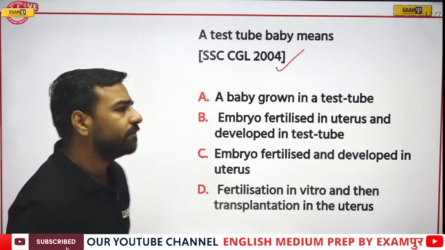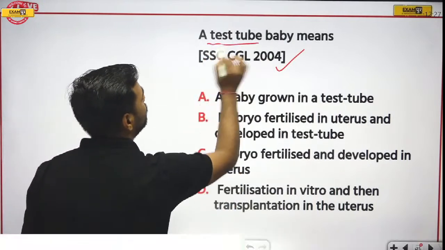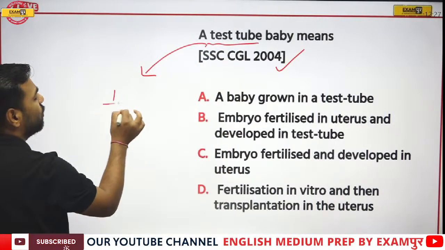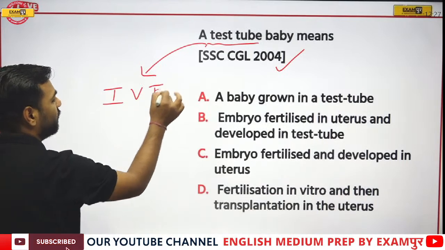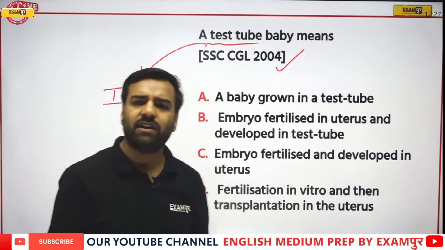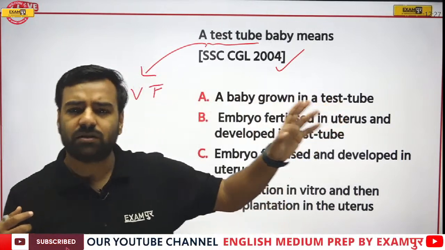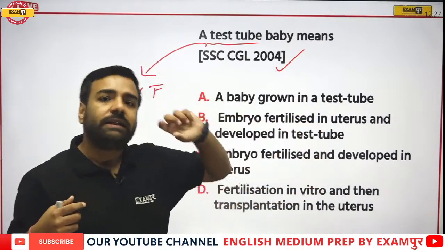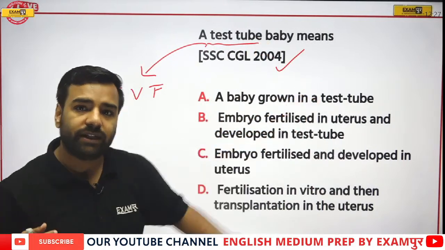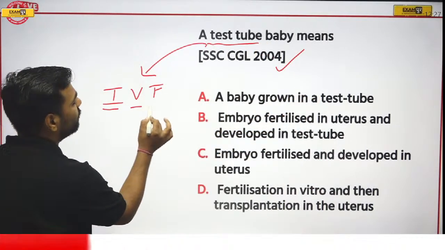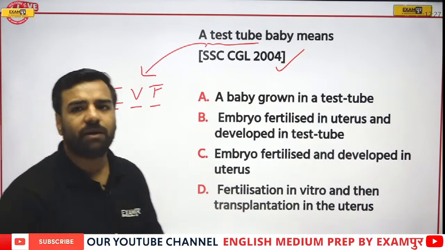I'll tell you till then, whenever we are talking about a test tube baby, this means we are talking about IVF. Now you must be wondering, sir, what is IVF? Whenever you are into the market, if there are some hospitals which are related to the test tube babies, there is written IVF. That is what? In vitro fertilization.